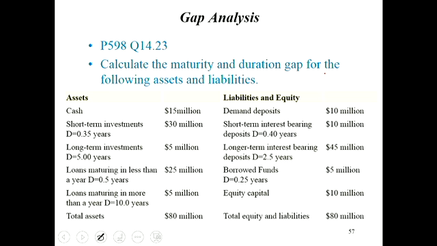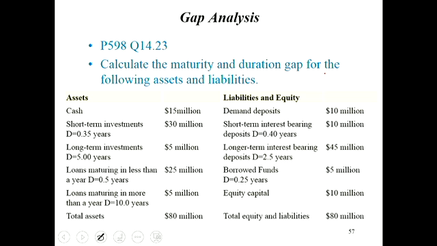Okay, going down a bit more, we've got long-term investments, duration of 5 years, 5 million of those. So duration 5 times value, 5 million, and you get 25 there. Going to the next group, there are these loans maturing in less than a year, with a duration of 0.5, and we've got 25 million of those.